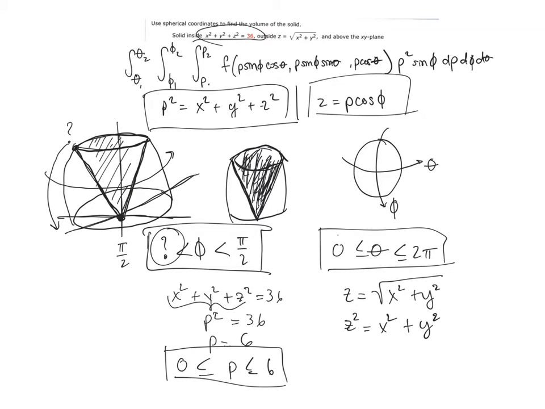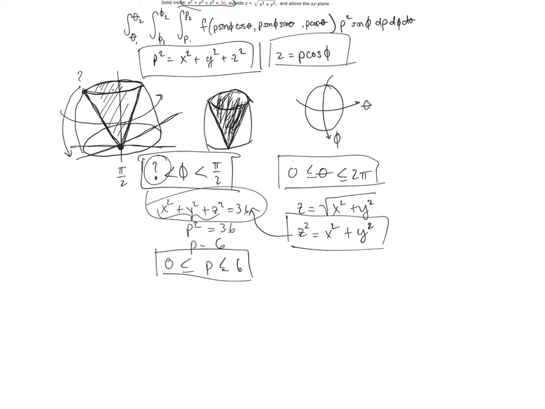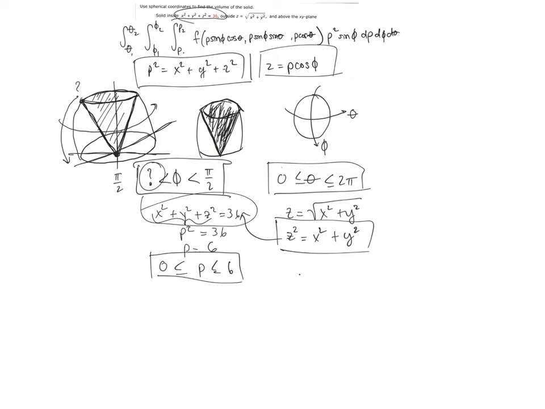Relate this equation to the equation of the sphere. You can substitute in z squared for x squared plus y squared, so you only have one variable to solve for. So you have z squared plus z squared equals 36, so 2 z squared equals 36. Z squared will be 18, z will be root 18, or 3 root 2.